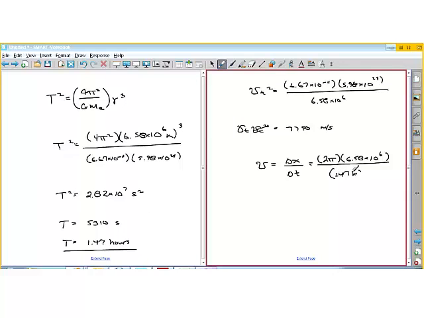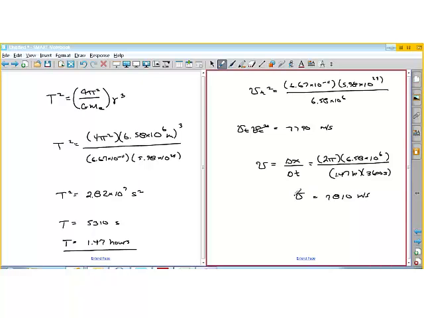You multiply by 3,600 seconds per hour, and that gives you meters per second. 2 times pi times 6.58 e to the 6th divided by 1.47 hours times 3,600, and I get 7,810.